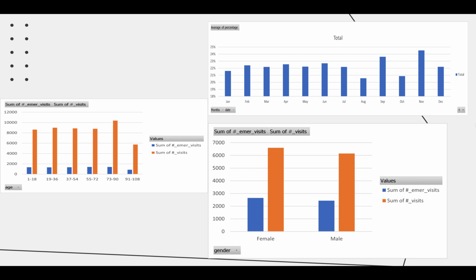Now, following through, it's January through December of 2020, we see that that drop has occurred in every single month. Moving over to the left, the age column, we see that that is decreased as well. And then moving over to the gender column by female and male, we see that that is decreased also.